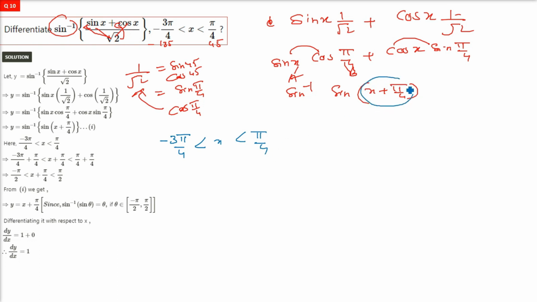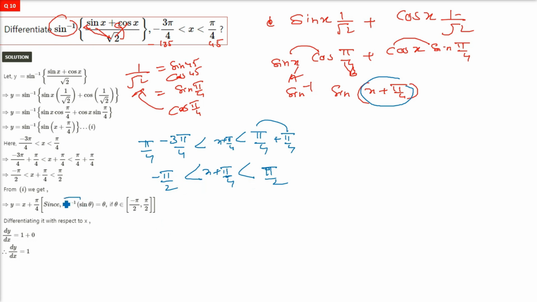So x plus pi by 4, just add pi by 4 to both. Here also pi by 4, here also pi by 4. So pi by 4 plus pi by 4 is what? Pi by 2. So this is pi by 2. This is x plus pi by 4, and minus 3 pi by 4 plus pi by 4 is minus 2 pi by 4, and that brings down to minus pi by 2.